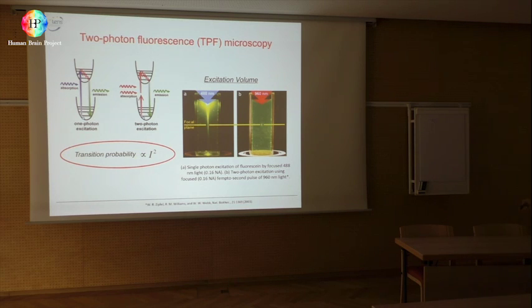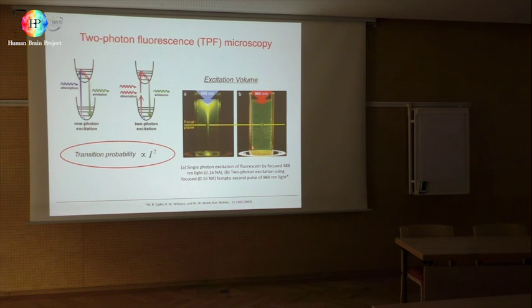So what does it mean? It means that the beam here is focalized like this. In this area, the density of photons is lower than in this area because it's not focalized. So here we are under threshold to excite the two-photon process. At a certain moment we go over threshold, and the volume in which this density of energy is over threshold is only 1 femtoliter.